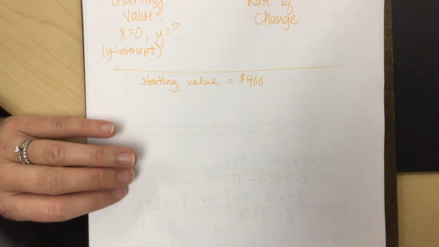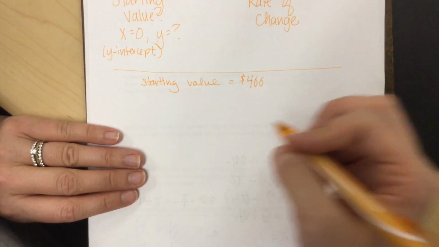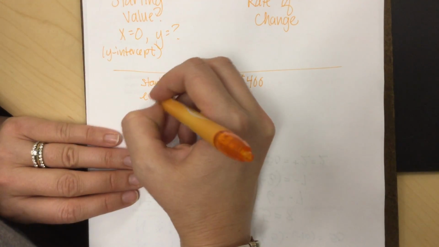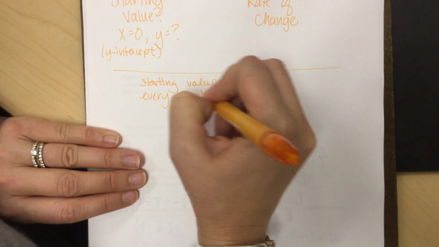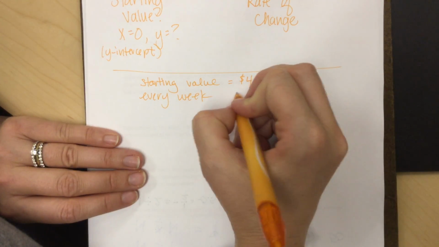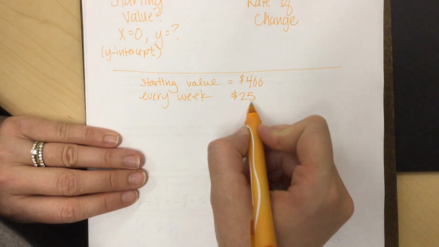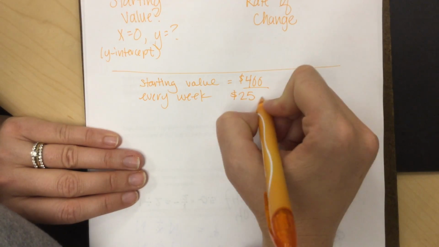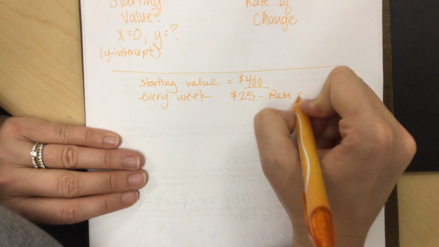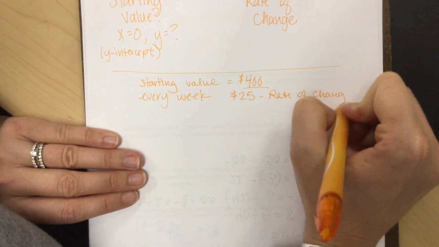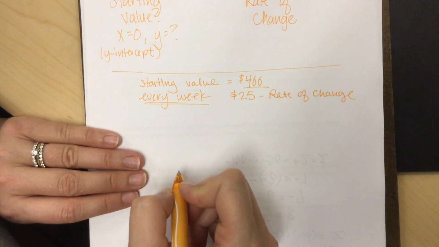And you start babysitting, and every week you get paid $25. So this now is your starting value, and this is your rate of change, because that's happening every 1 week.